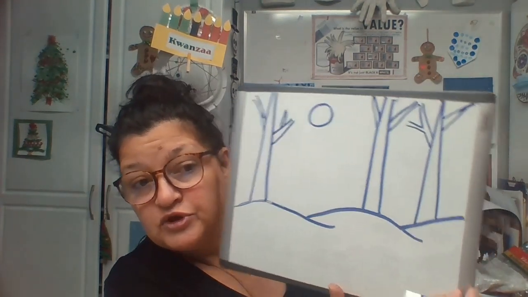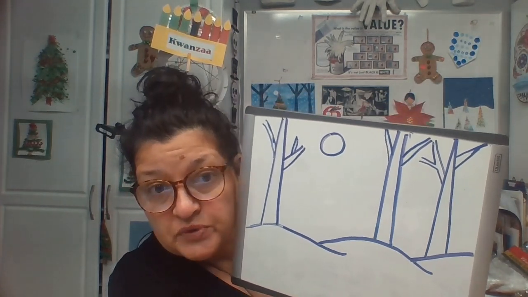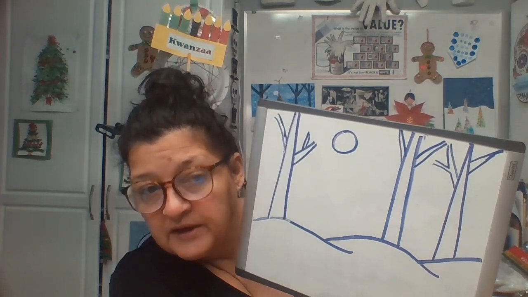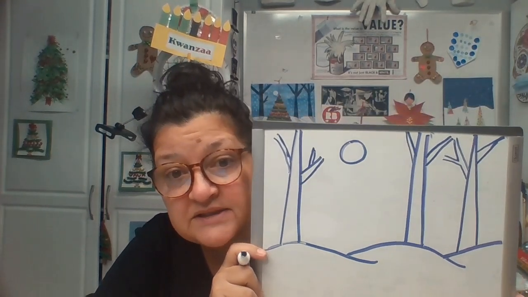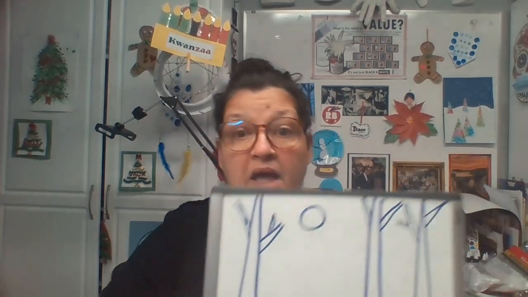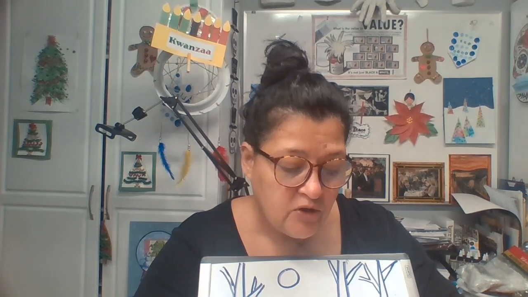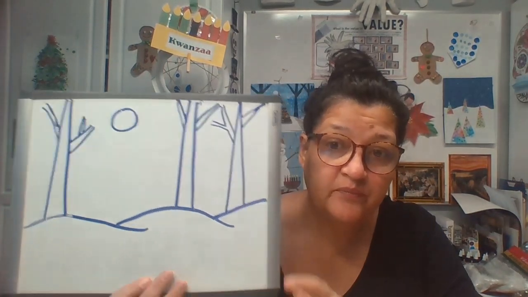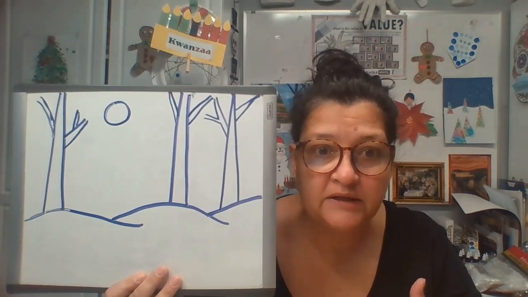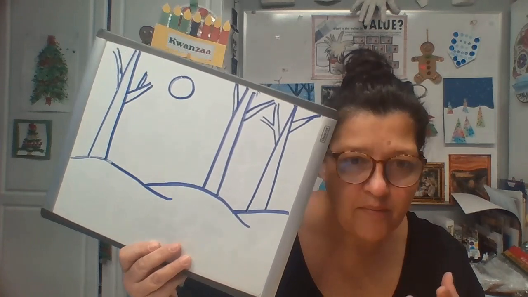All right, now, look at that. Even though I have two trees on one side of my picture, I now have a tree and a moon on the other side. And that's what we call balance. This balances out my composition, being my drawing. When you're creating art, you want the person to look at your image and have it balanced. If everything's all on one side of the picture, it's not balanced.